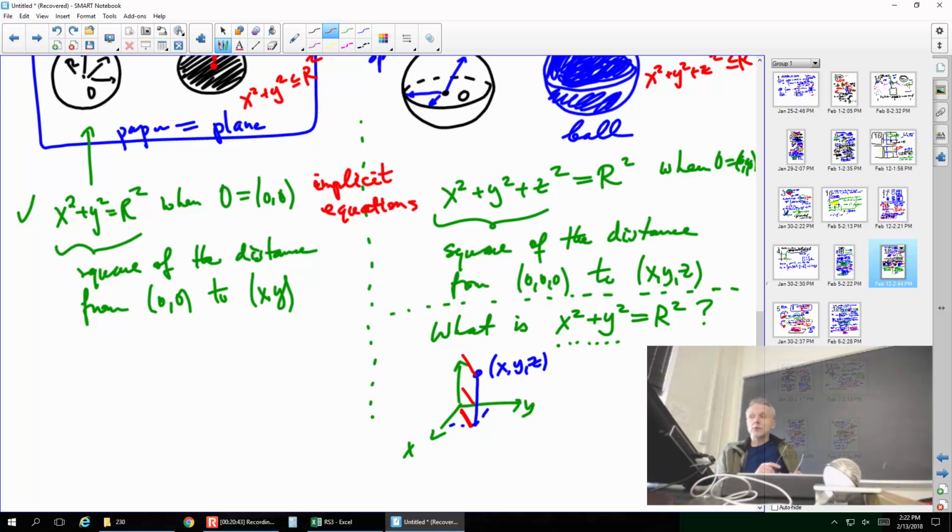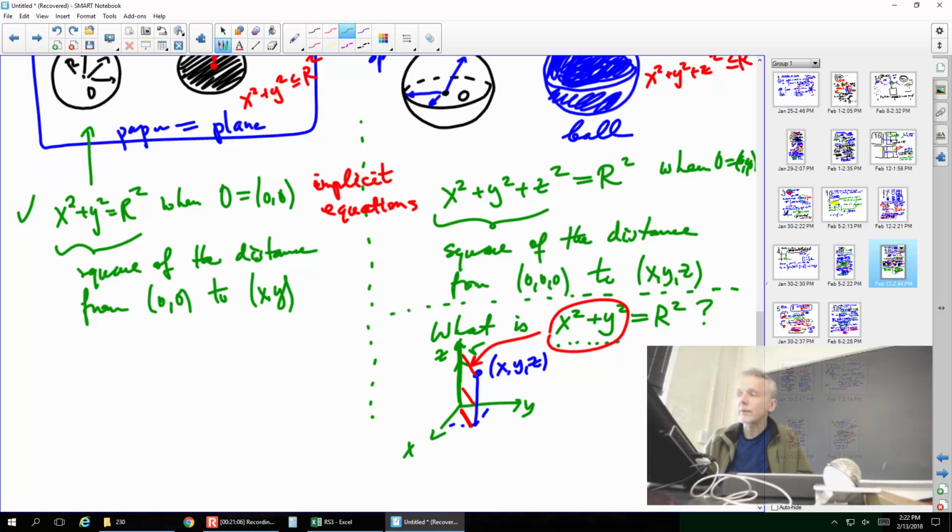So once again, the thing over here is the distance from my point x, y, z to the z-axis. You see, x squared plus y squared. Well, it's not equal to, but rather it is squared, but close enough.